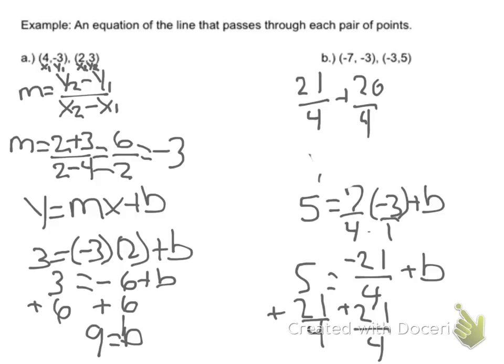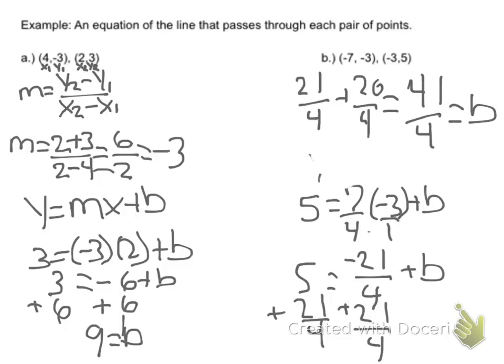So 5 times 4 is 20, and 1 times 4 is 4. Now what we do is add that together, which is 41 over 4, which is b.